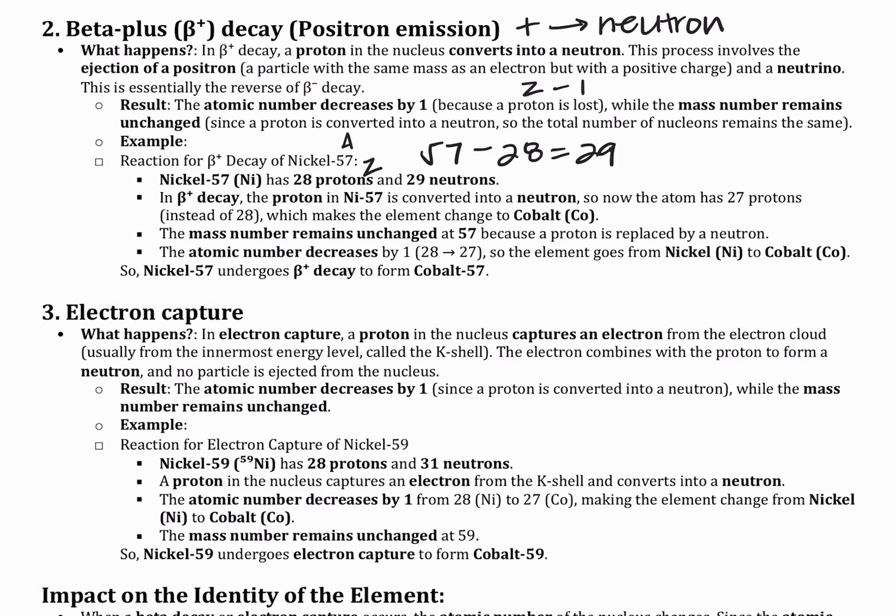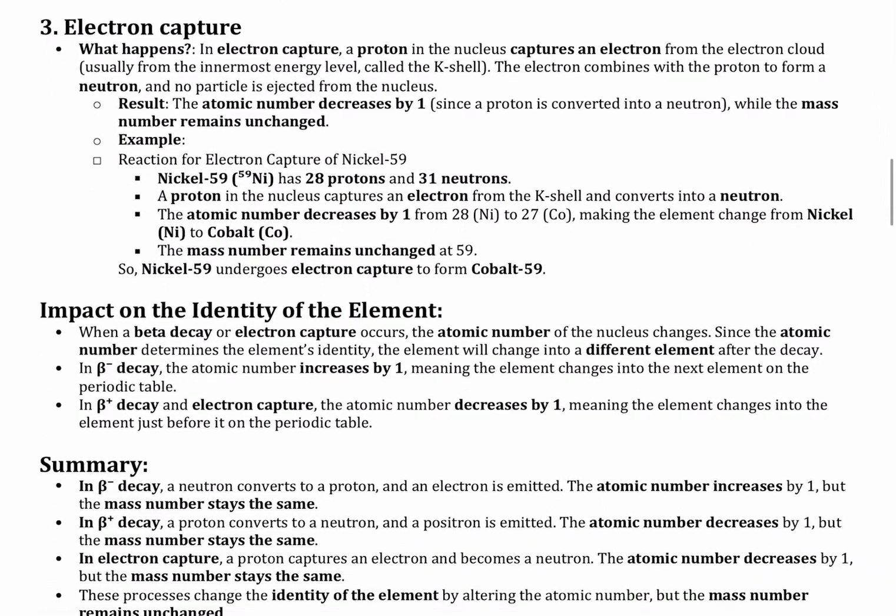So now the atom has 27 protons because of the fact that a proton decided to be a neutron. We subtracted 1, it's 27. And 27 means that having that as a proton would mean that the atomic number is different. When the atomic number is different, the element is different as well. So we go from nickel to cobalt, and the mass number will stay the same.